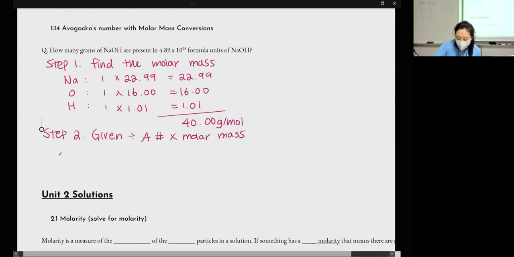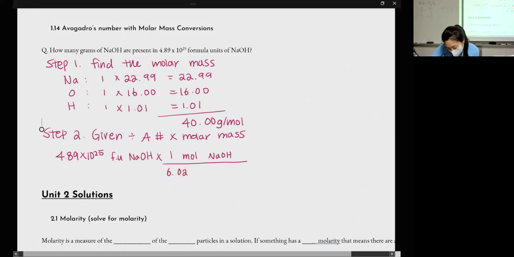So it'll be 4.89 times 10 to the 25th formula units of NaOH, 1 mole of NaOH divided by 6.022 times 10 to the 23rd formula units of NaOH, times the molar mass, which is 40.00 grams of NaOH over 1 mole of NaOH.